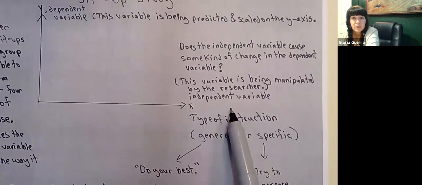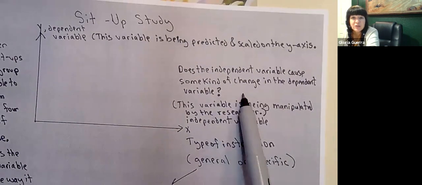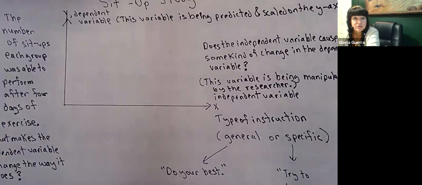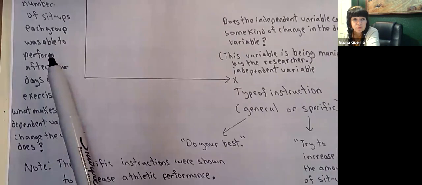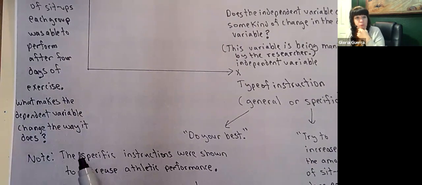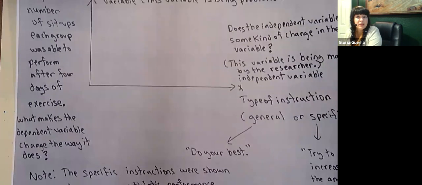Okay, and so you want to know, does the independent variable cause some kind of change in the dependent variable? The dependent variable has to do with the number of sit-ups that each group was able to perform, and this was after 4 days of exercise. What makes the dependent variable change the way it does? Okay, so this is the number of sit-ups.